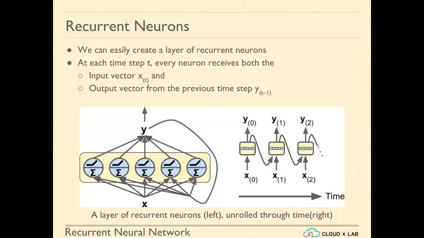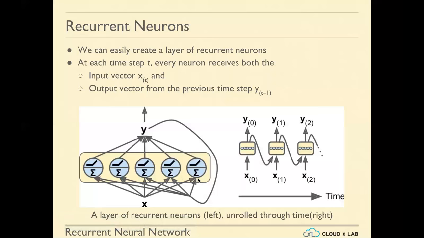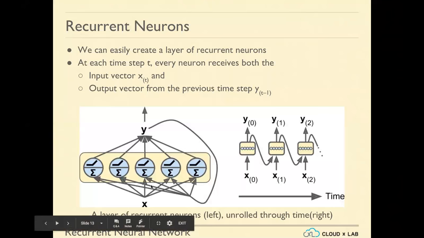All right. So what we do here, the important part is that just like X is being inputted to all of these neurons, similarly, the previous value of Y will be inputted to all the neurons. Not only the output of the individual, but the overall Y. So the whole layer of neurons will behave like a single neuron.